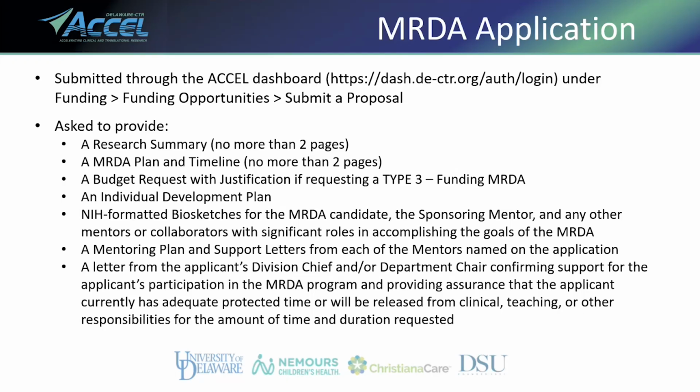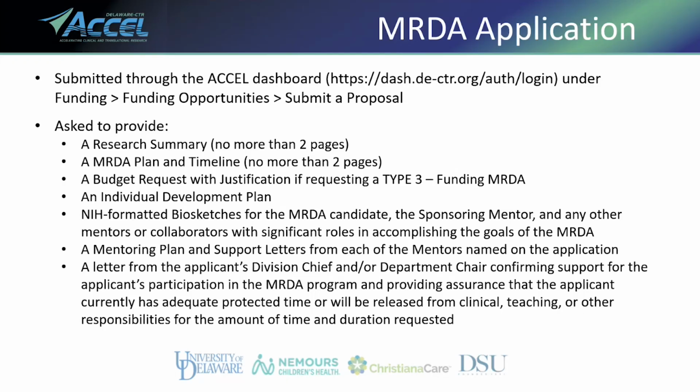We also ask for an MRDA plan and timeline. So the MRDA plan outlines specifically what you plan to do during the MRDA award. For example, how many times do you plan to meet with your mentor? What sorts of activities offered through ACCEL do you plan to take advantage of?